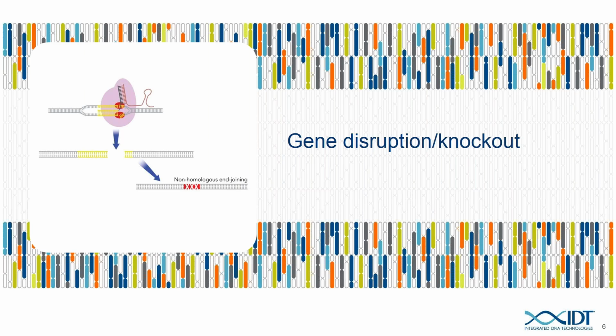And then we use the non-homologous end joining process and the error-prone nature of that process to create an insertion or deletion event, ideally disrupting the function of the gene, either by causing a frame shift mutation, or perhaps introducing a stop codon prematurely.